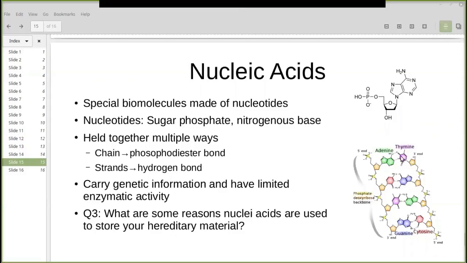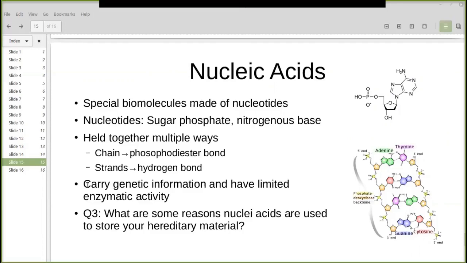But DNA is double-stranded, right? So if you have double strands, then the strands are held by the bases, and the bases form hydrogen bonds with each other. So different bonds hold different parts of this nucleotide structure together, and the nucleic acids, particularly DNA, have a special function.